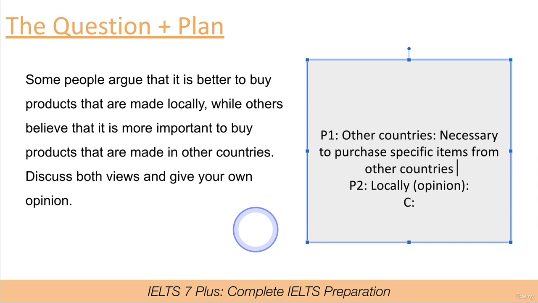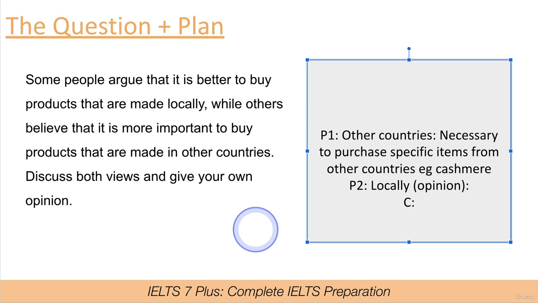For example, cashmere products. They are made in the area of Kashmir, and this type of material cannot be made in the UK, for example, because it is local to this area.